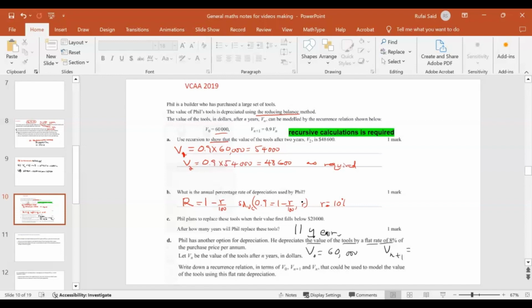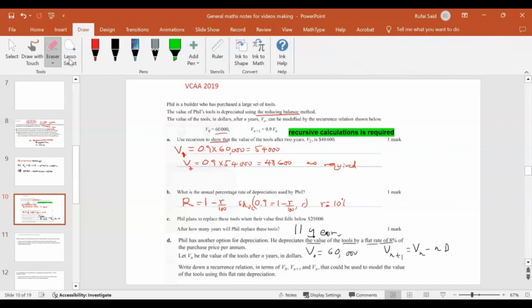And the Vn is how much it's depreciating each year. This is flat rate, so we only need to work out what D is.